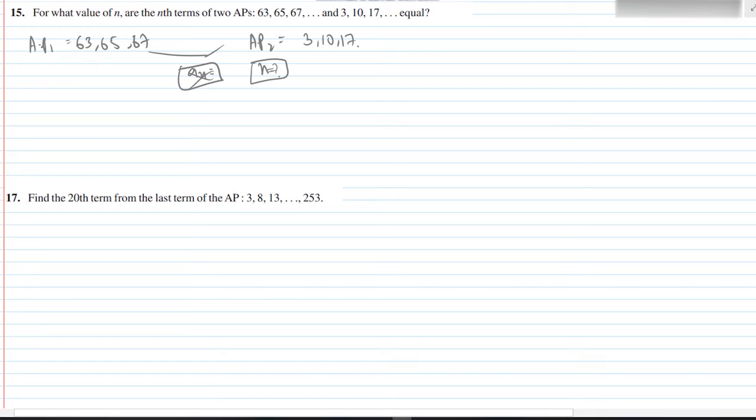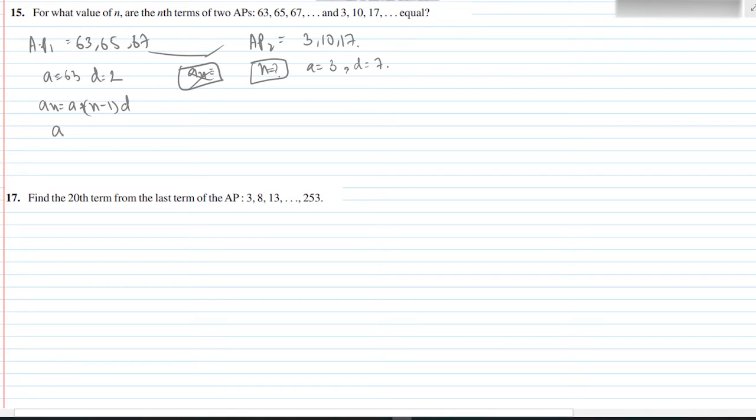So here a is 63, common difference is 2, and here a is 3 and common difference is 7. Fine. In both the cases, n is the same. So for this, a_n is equal to a plus (n minus 1) into d. This is the main formula.